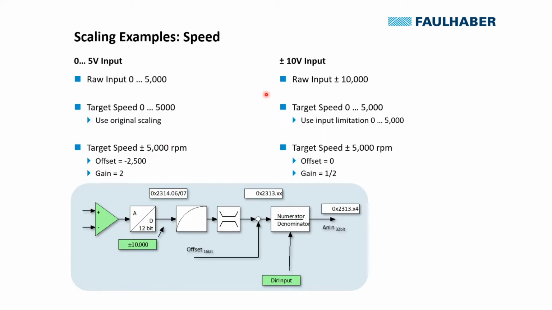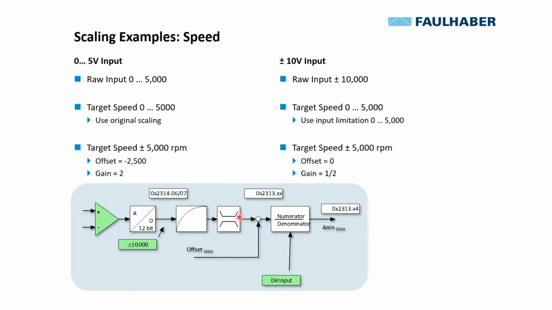In case we have a full range plus minus 10 volt reference signal, which could be generated by an analog output of, for example, a PLC, and you still want to control the speed in only one direction, so 0 to 5000 RPM, you could, for example, use an input limitation.